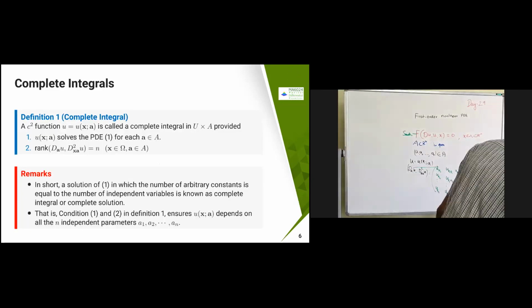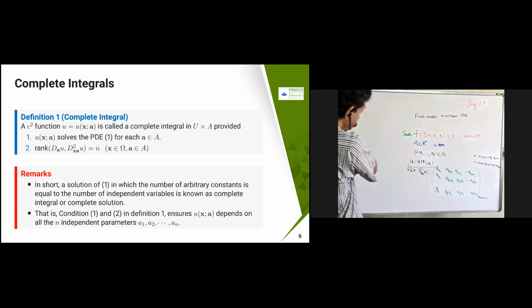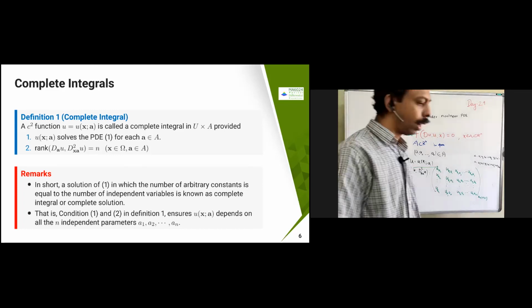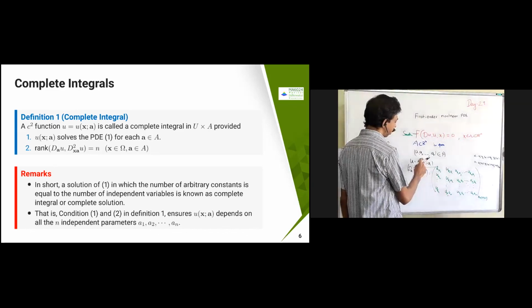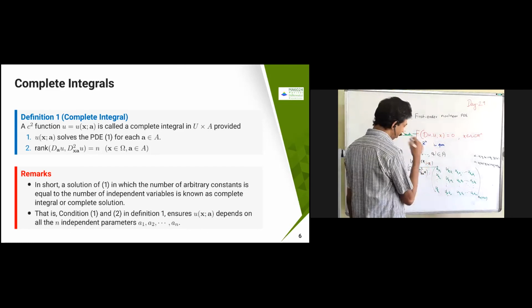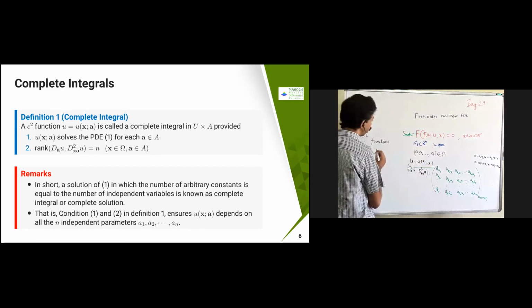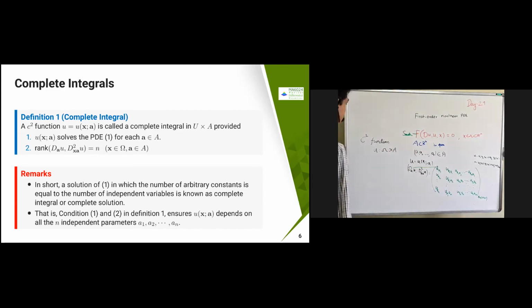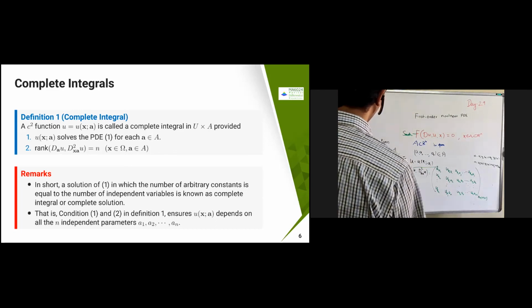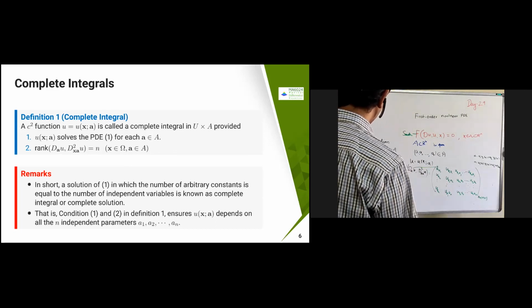When we say a C square function, the capital C square function, it means twice differentiable, because I need D square xA U. So I have a C square function, which is said to be a complete integral in omega cross A, because I defined it on omega. So U is a function from omega cross A.